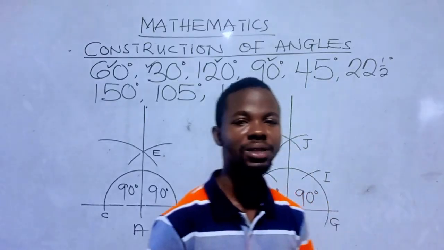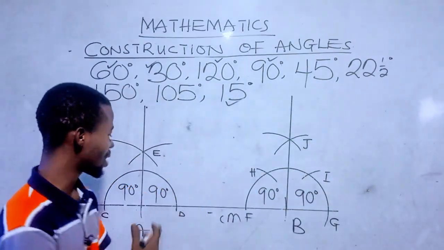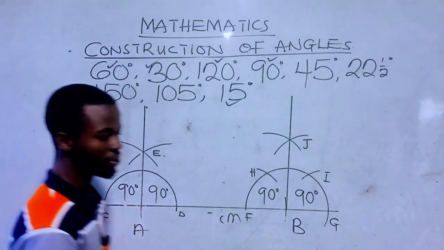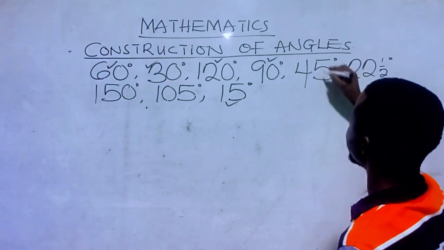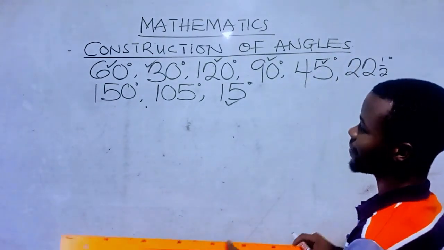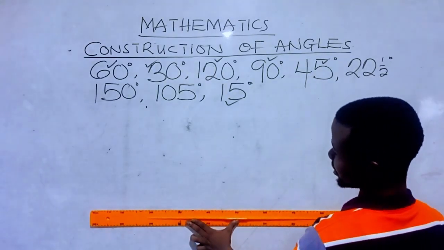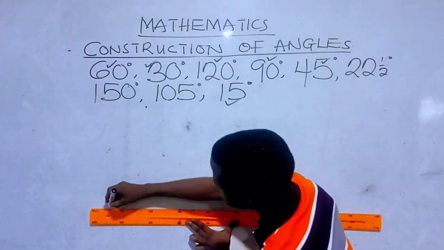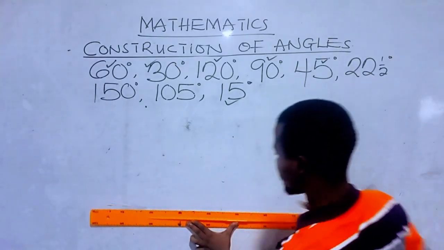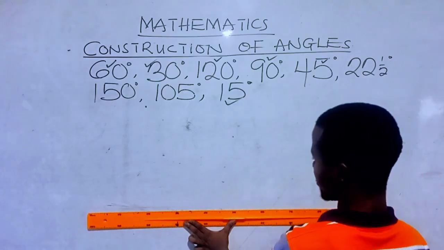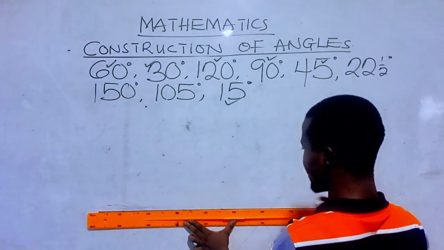If you are asked to construct 45 degrees, you have to first construct 90 degrees. So let's look at that. So now let's construct 45 degrees. As usual, I draw my straight line like this.